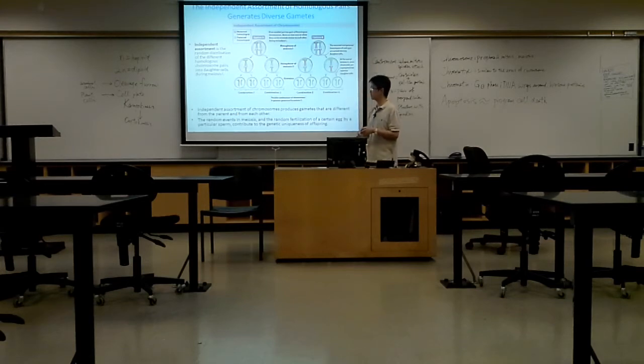So because of the different arrangement of the chromosomes during metaphase 1, remember, independent assortment occurs in metaphase 1, you can generate 4 or 8 different cells.